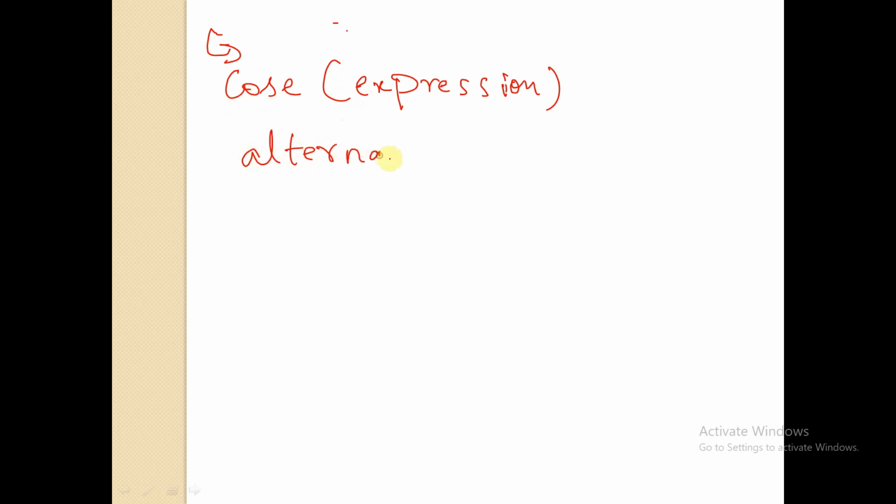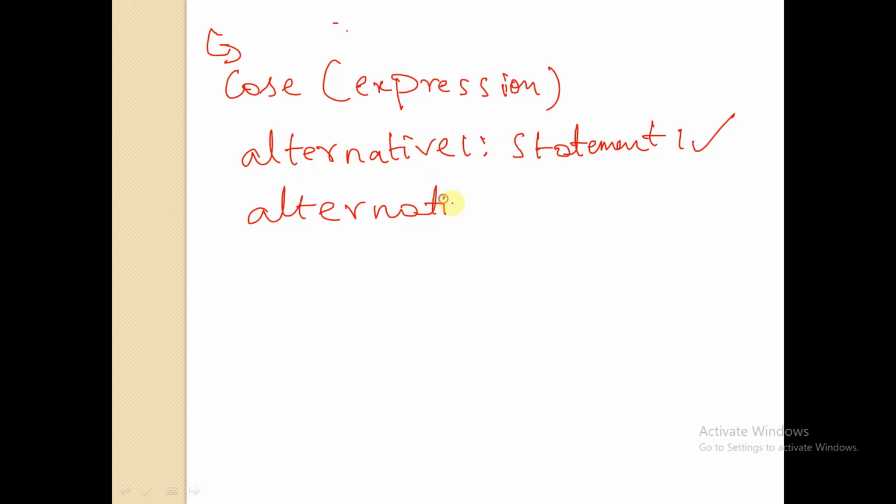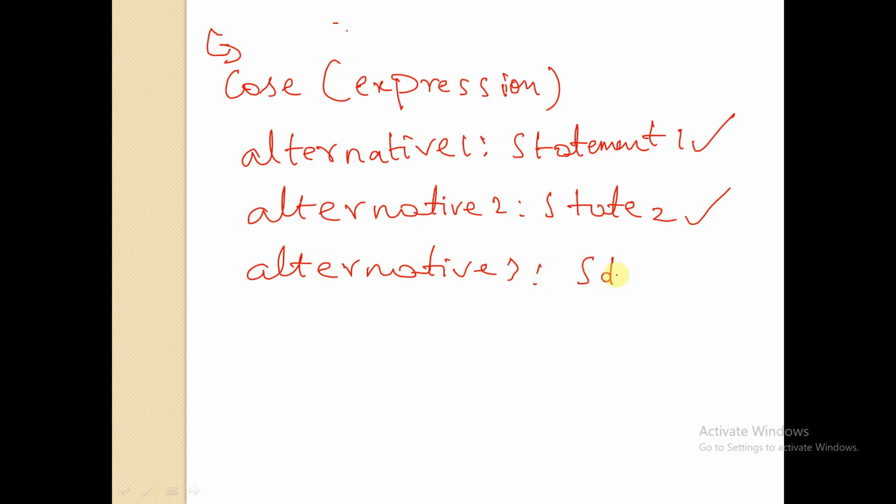So in the case statement, the syntax is case followed by expression, and if the expression is matching with alternative 1, then statement 1 will be executed, and if it is matching with alternative 2, then statement 2 will be executed, and if it is matching with alternative 3, then statement 3 will be executed.